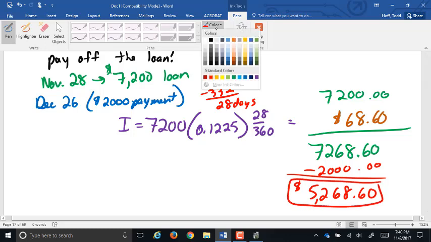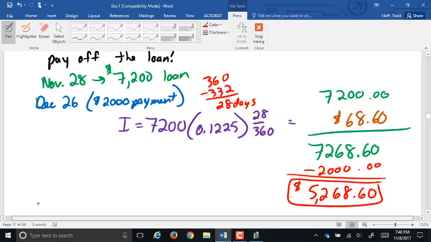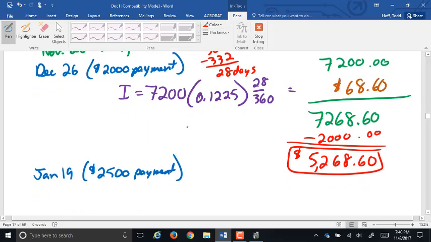And then, January 19th is a $2,500 payment. Now, we have to do a double duty here for our date. We do 365 minus 360. That's 5 days.